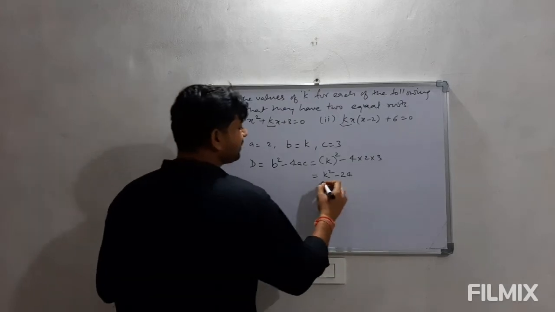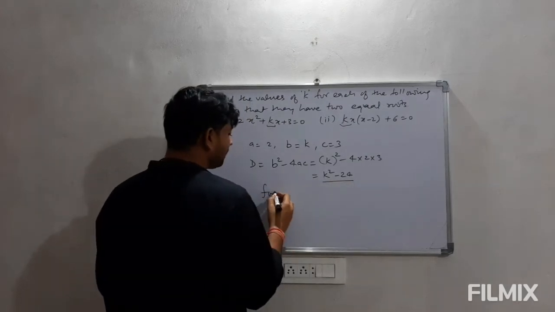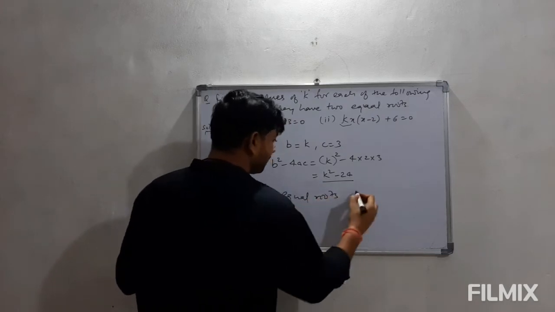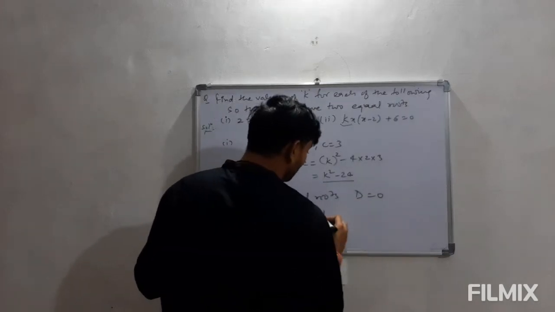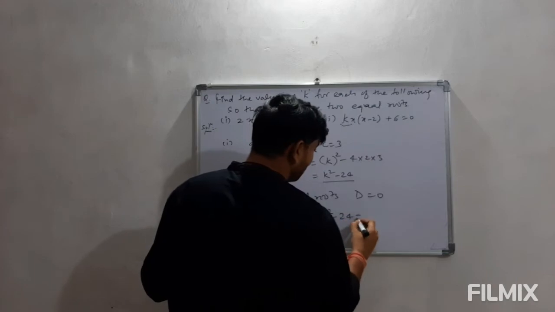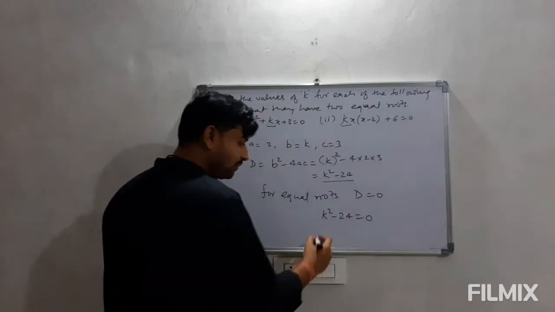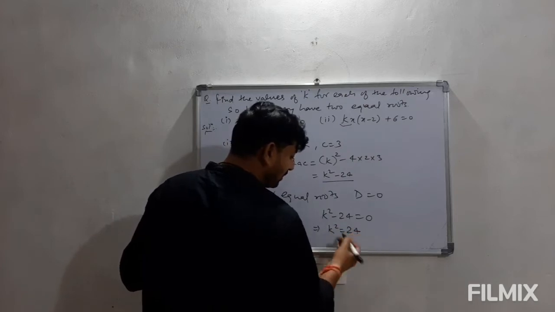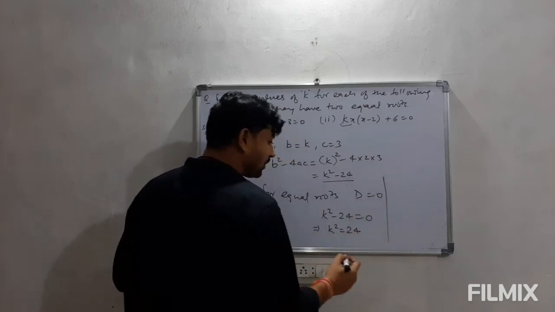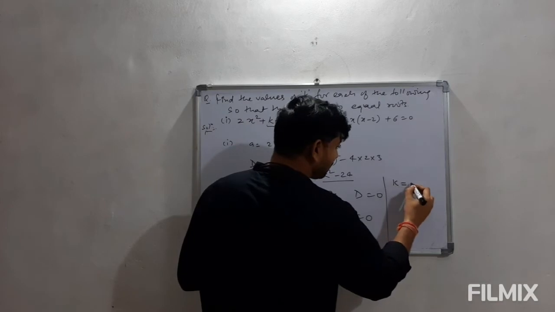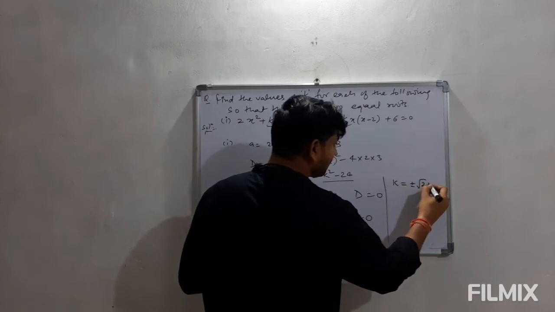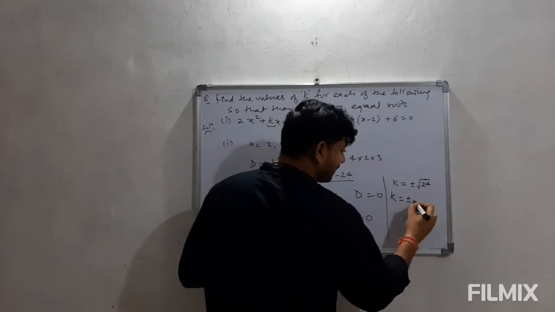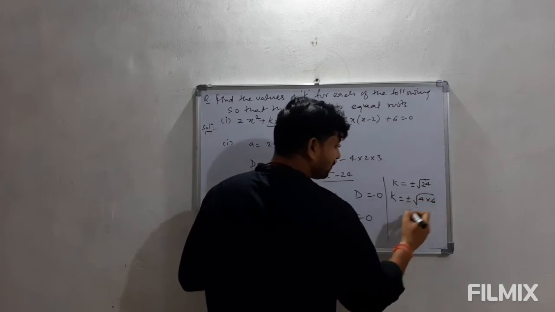Now we need the value of k, and as we know that we need equal roots, this discriminant should be 0. So k square minus 24, we write it as 0. So k square is equal to 24. We need the value of k, so take square root here. So k is coming out to be plus minus under root 24, which we can write as 4 into 6.